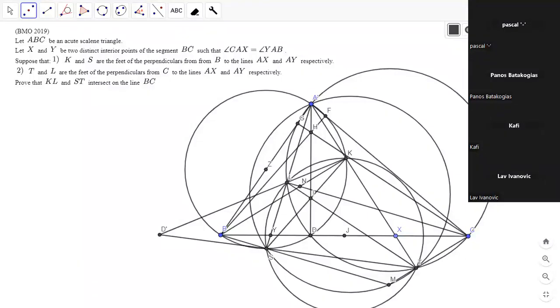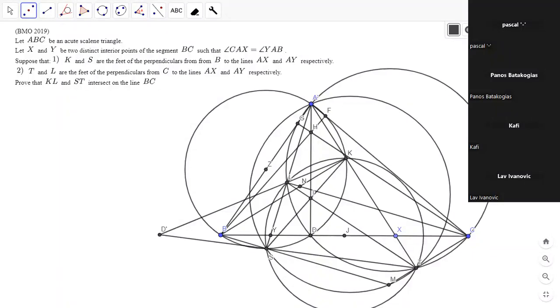So J lies on the perpendicular bisector of SK, and J also lies on the perpendicular bisector of LT. So it's the center. Okay. So it lies on the perpendicular bisector of SK and LT, both segments.